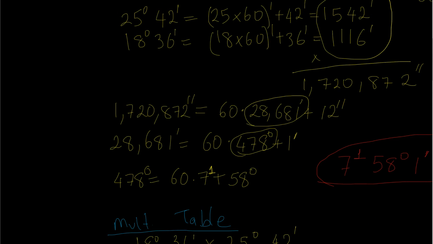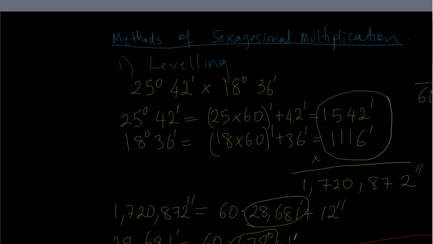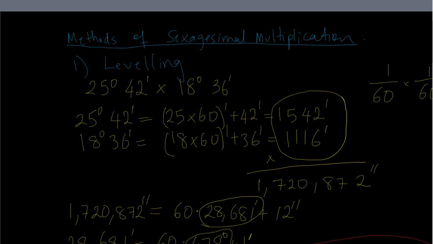Before closing this section, let me remind you that there are some typos in the book in the example for leveling. So please pay attention to that. The typo actually comes from the very first step when he converts 4 degrees and 15 minutes to all minutes.